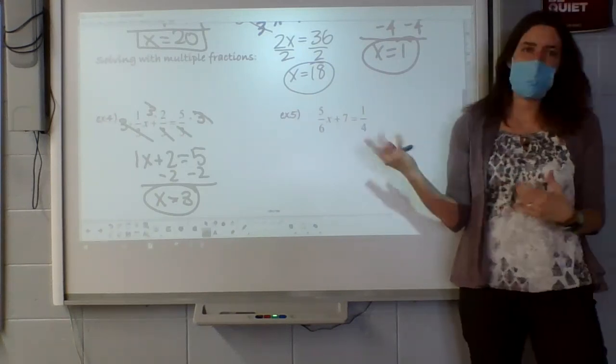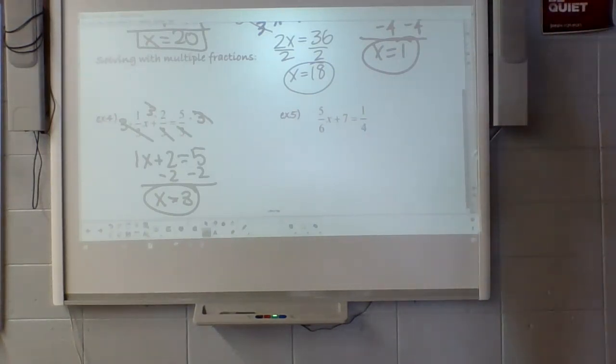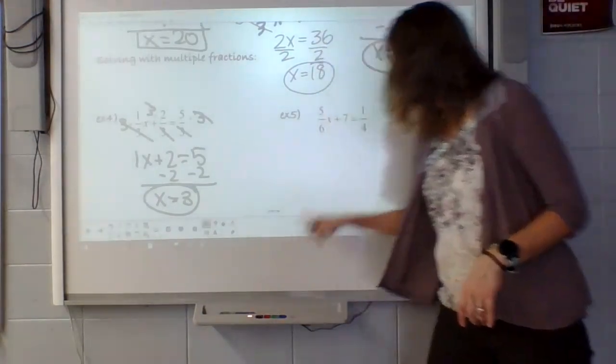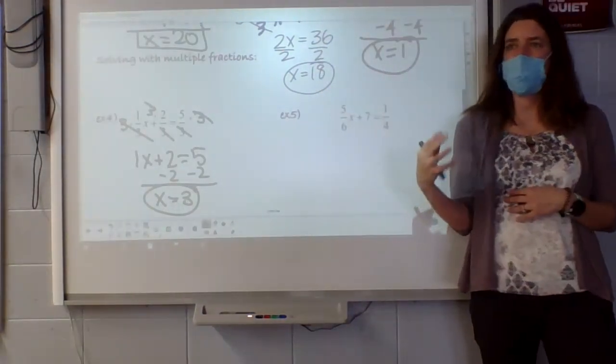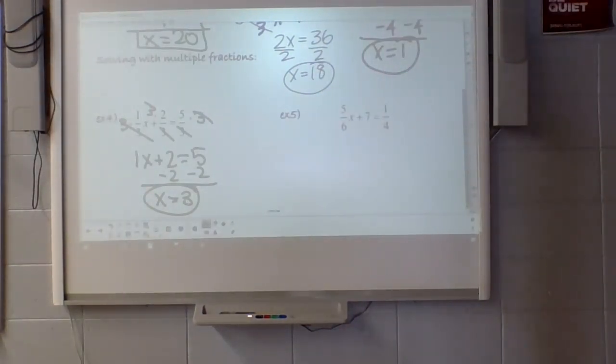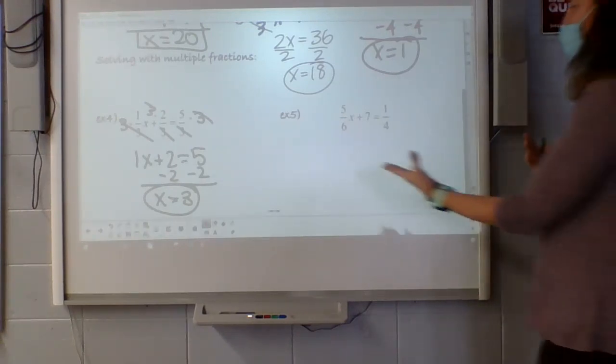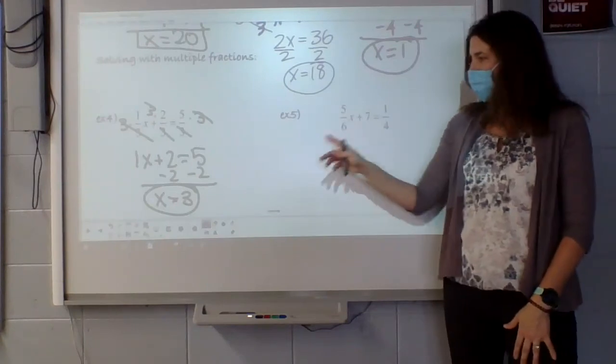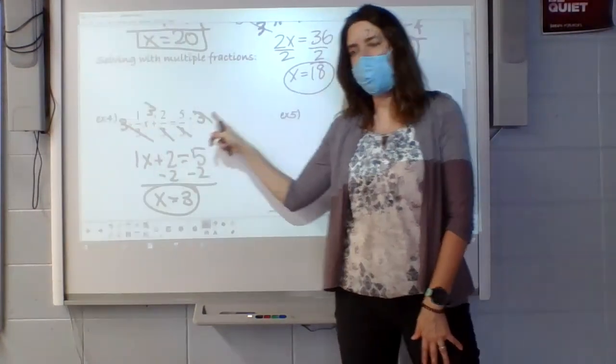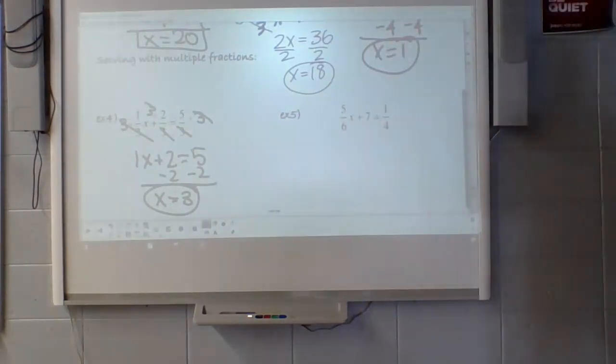So the question is, on example 5, what happens if the denominators aren't the same? Yeah, we can make a common denominator, but what I'm going to suggest is we use common denominators to actually cancel the fractions out. Like we did here, we had a common denominator of 3, and we used that to cancel all the fractions.